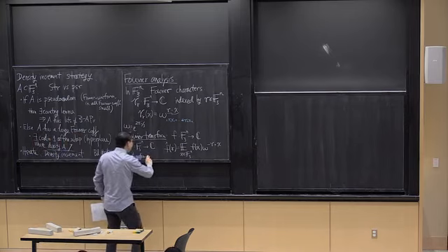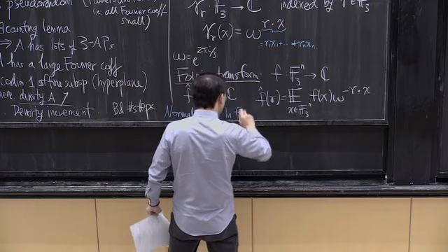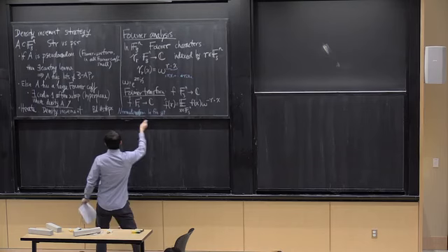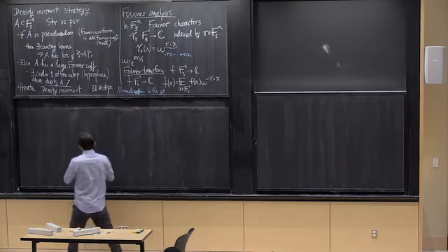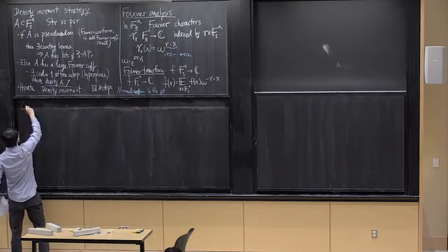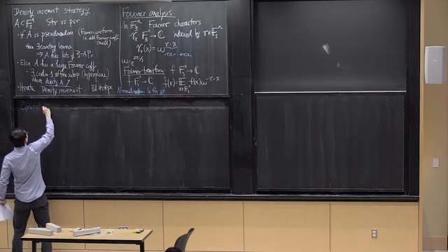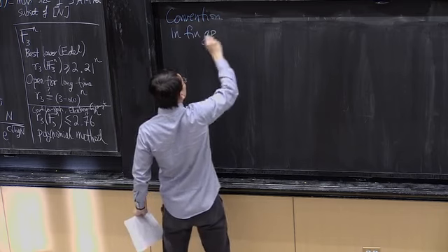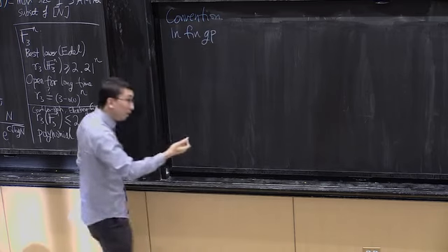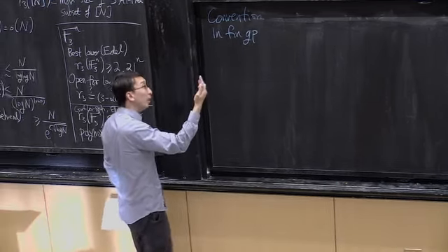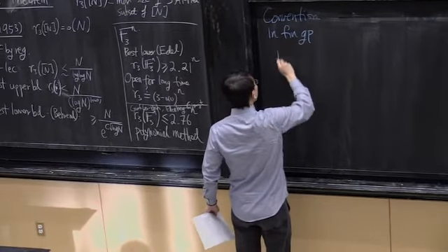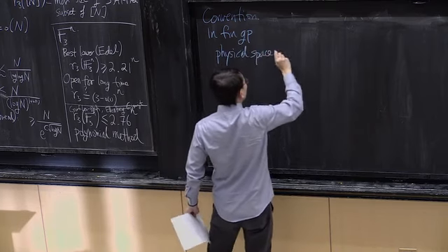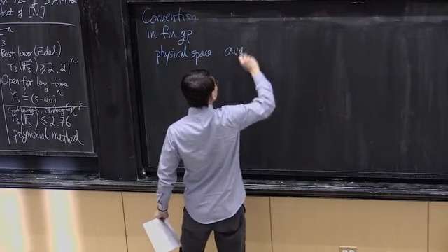Is that for a finite group, actually, let me start a new board. So the convention is that in a finite group, the Fourier transform is defined, and more generally, anything you do in the physical space, we always use the averaging measure.